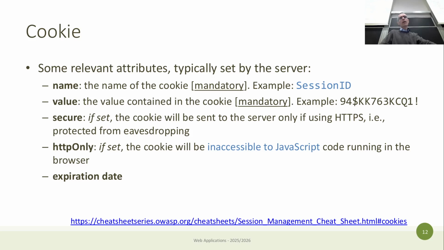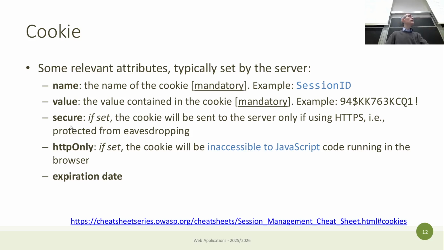Okay. And there are other attributes, like the secure option. If set, the cookie will be sent to the server by the browser only if you're using an HTTPS connection, so HTTP protocol over TLS nowadays, or SSL, so the encrypted TCP connection, so it's protected from eavesdropping.